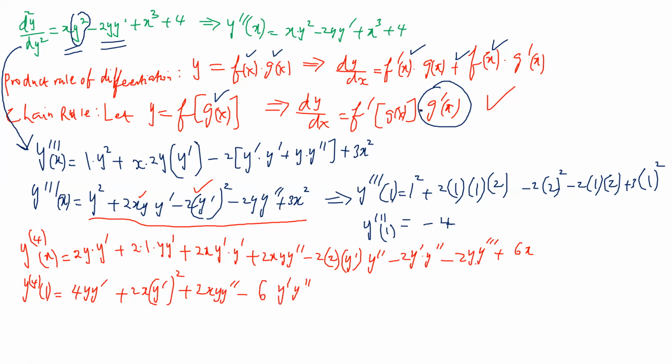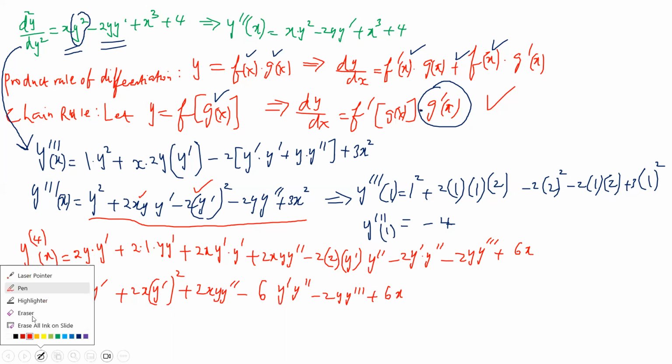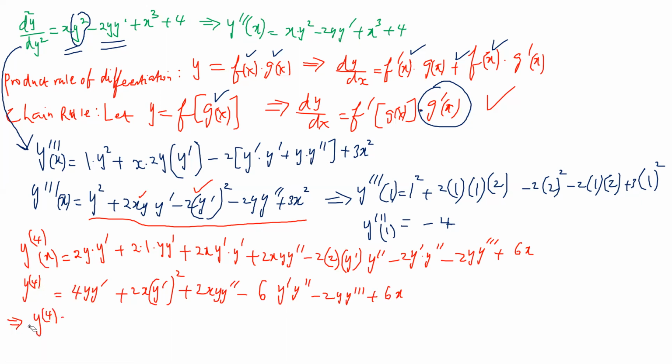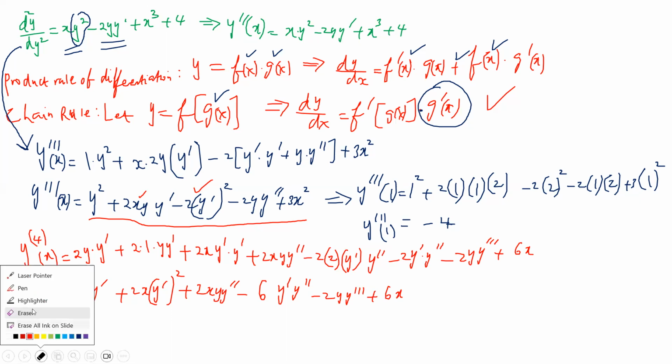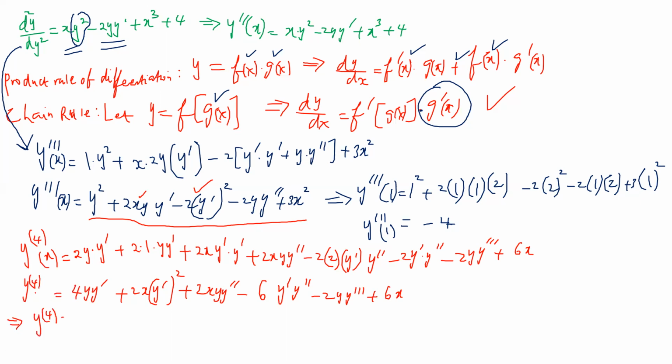What about y triple primed? It is only 1, so let's do that one. Y triple primed plus 6x. It's still x, so it's y primed at x.